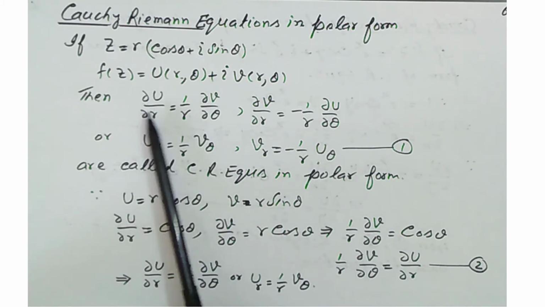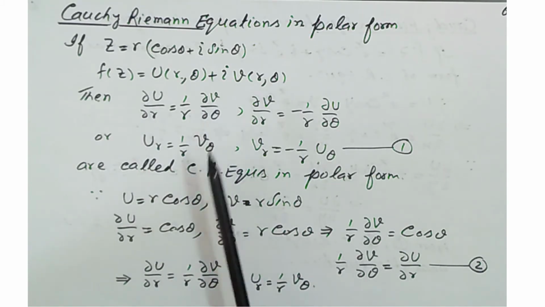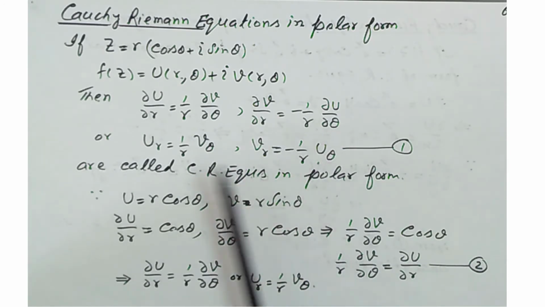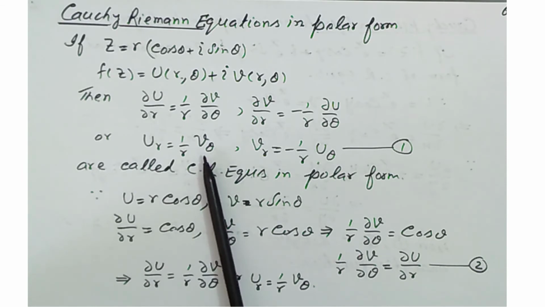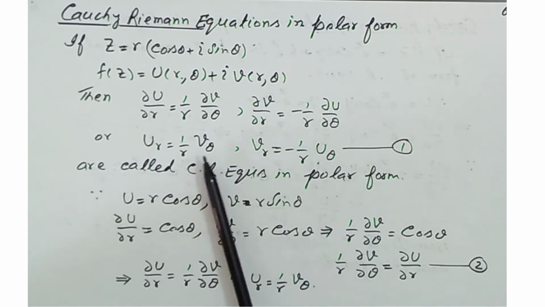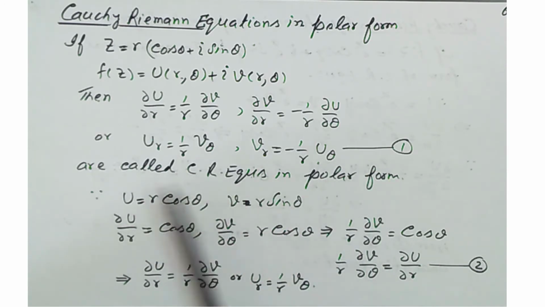We can write these as u_r equal to 1 by r v_theta and v_r equal to minus 1 by r u_theta. These two equations are called Cauchy-Riemann equations in polar form.